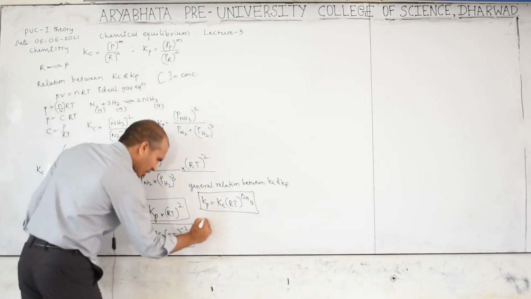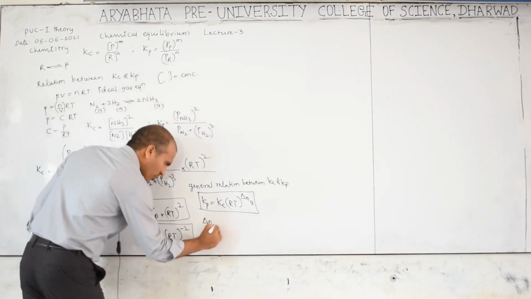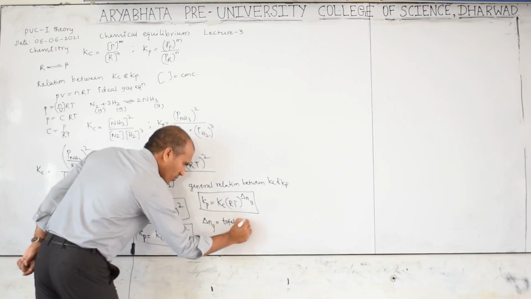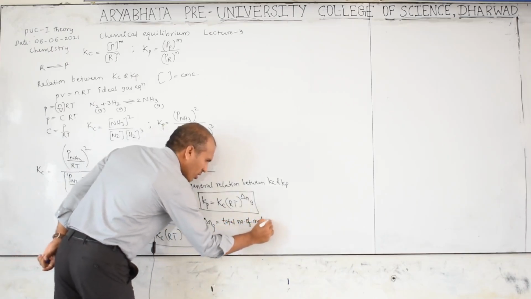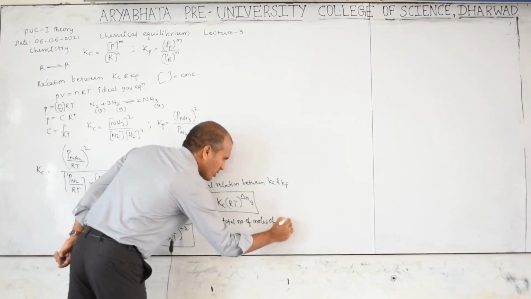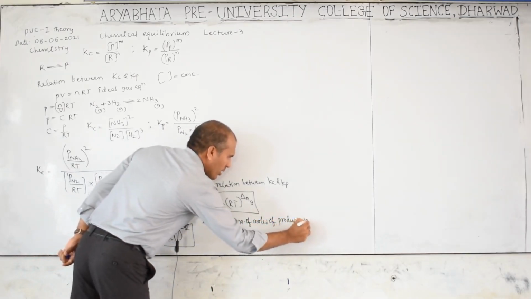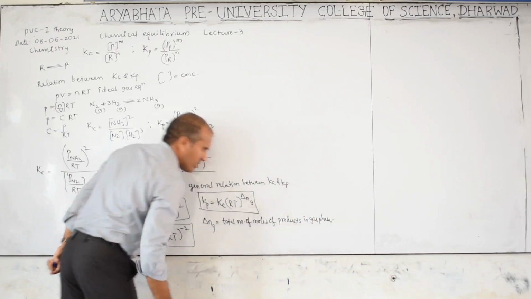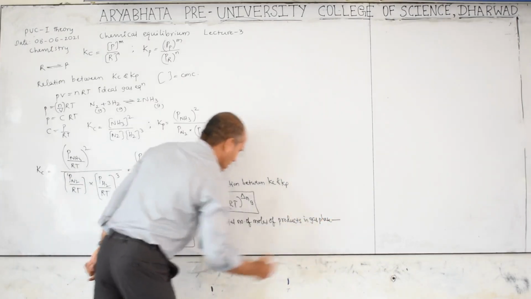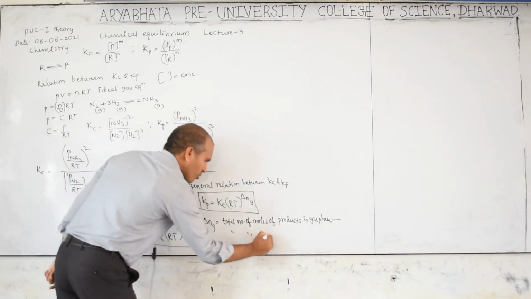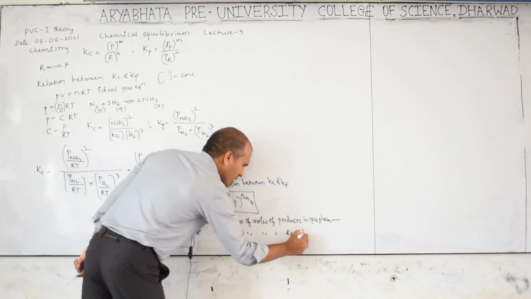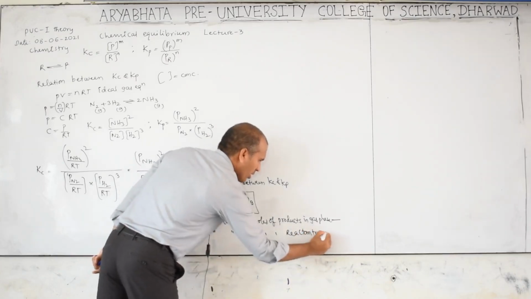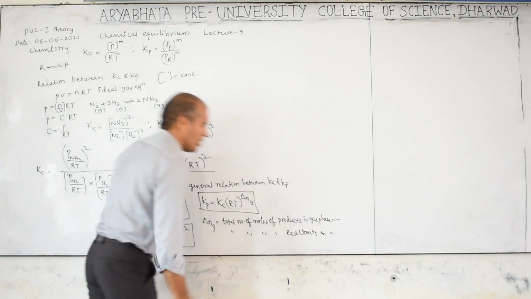Delta n g indicates the total number of moles of products in gas phase minus, keep in mind this is minus, the total number of moles of reactants in gas phase.